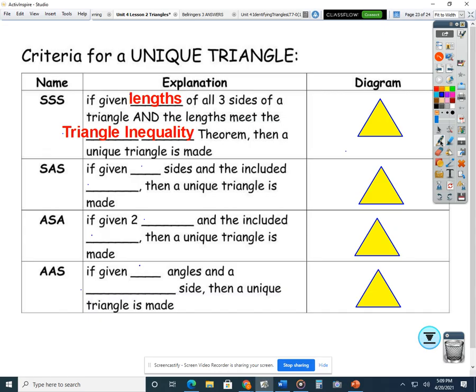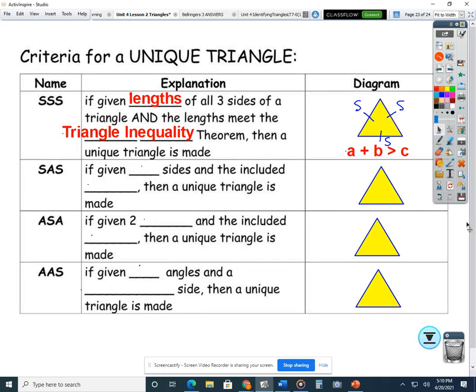And since this is SSS, we are looking at side, side, side. And if we are given all 3 sides, the measures for all 3 sides, and those sides meet our triangle inequality theorem, meaning that our 2 smaller sides, A plus B, when added together, are greater than C, then yes, this creates a unique triangle.